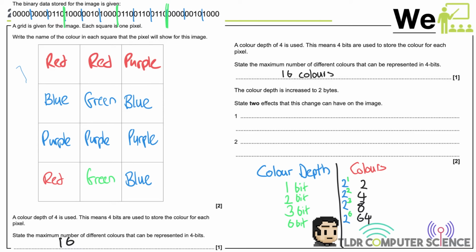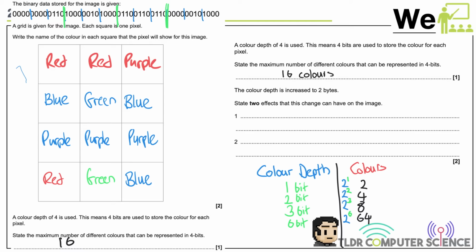It then says the color depth is increased to 2 bytes. Did you remember what we mean by a byte? That's right. Each byte is 8 bits. So if we have 2 bytes for the color depth, it means we have 16 bits, which means that every single pixel could create 2 to the power 16 colors, which is about 65,536 colors.